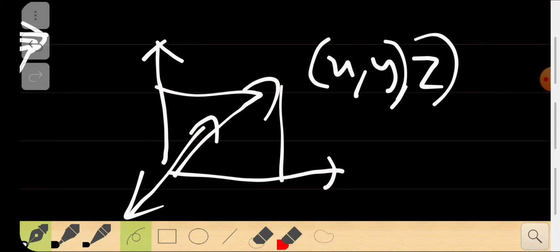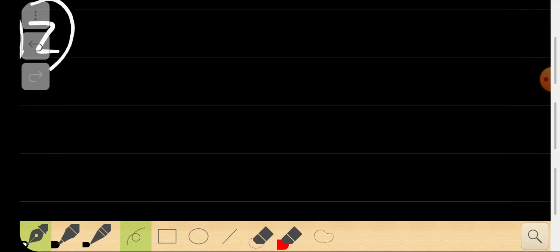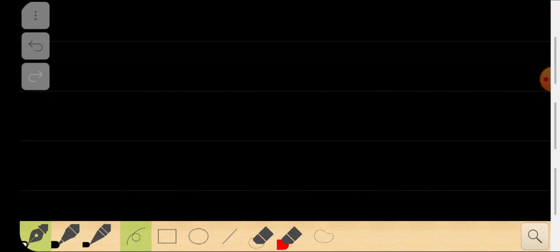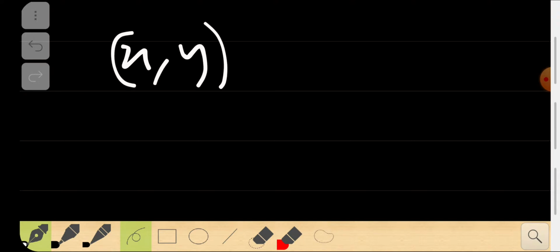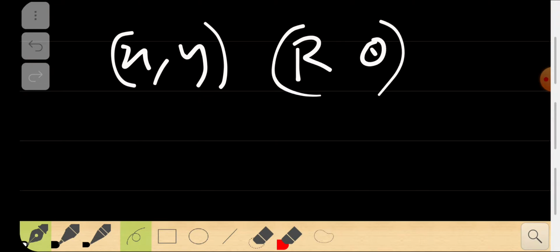Now there is another one called the polar coordinate system. In the polar coordinate system, instead of x and y, you use r and theta. You can use the radius and an angle to represent the same thing.